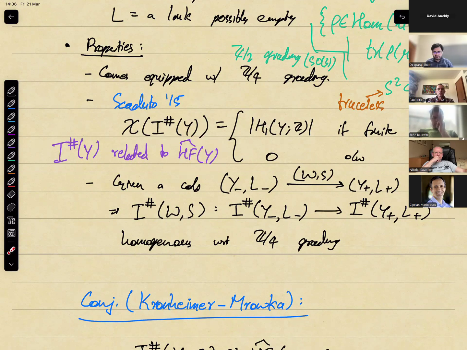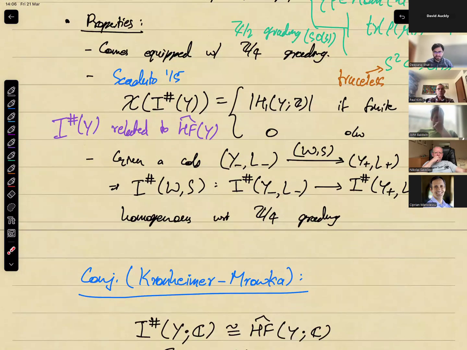We have our usual sort of functoriality for this Floer theory, which goes as follows. If you have a cobordism that goes from a three-manifold and a link to another three-manifold and a link, through a surface, then you have a morphism between these instanton Floer groups, and it is homogeneous with respect to the Z mod 4 grading, or Z mod 2, depending on context.